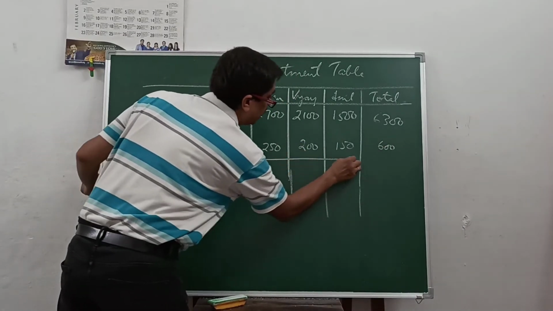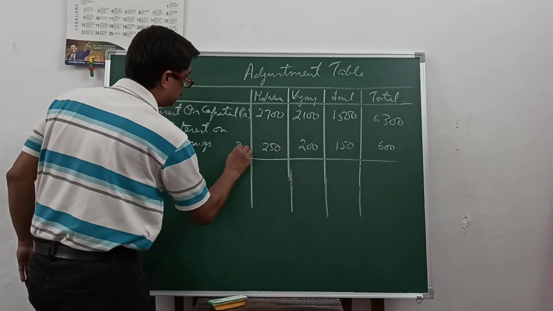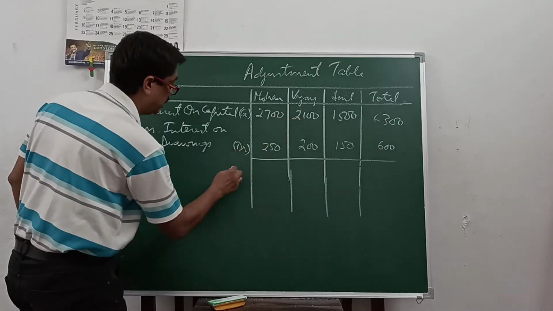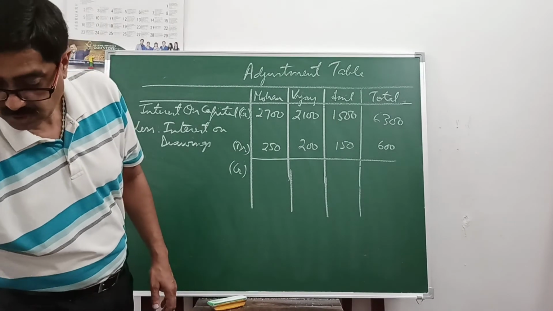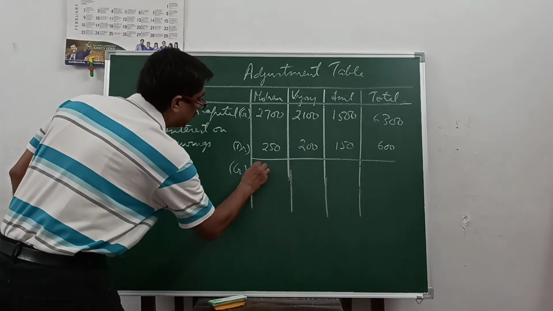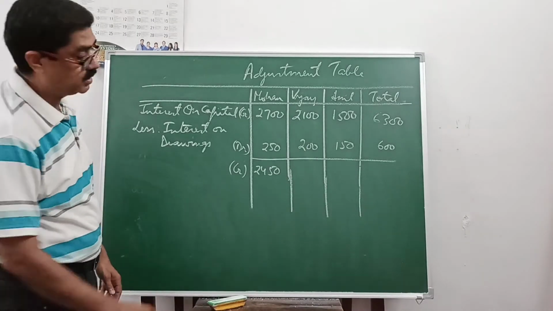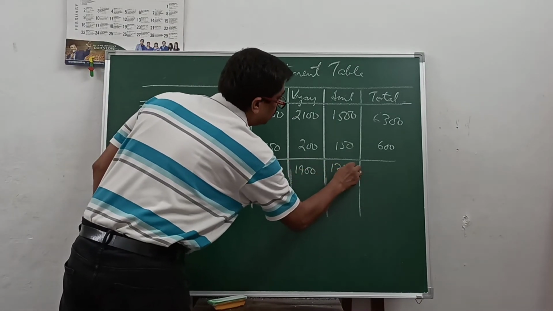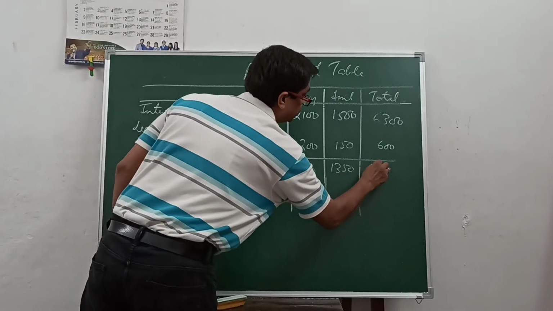Now you subtract them. This is to be credited, this is to be debited. Now whichever is greater, we'll put the sign here. So you can see credit is more, so credit will come automatically. The difference is coming 2,450 for Mohan. For Vijay it is coming 1,900. For Anil 1,350, and the difference is coming of rupees 5,700.